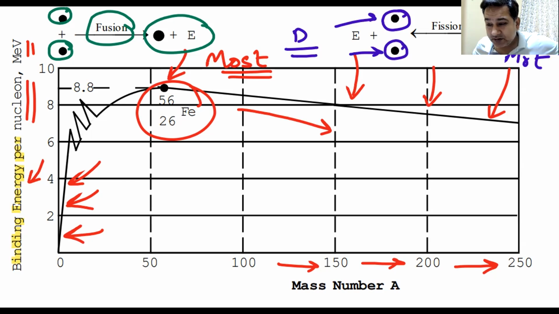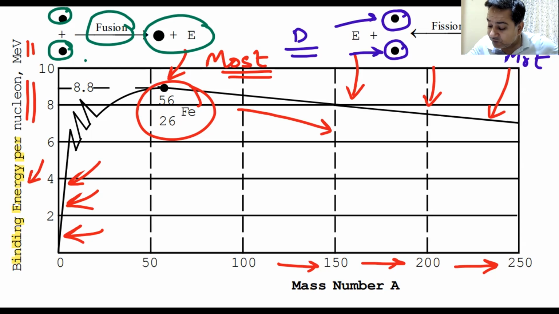On the left hand side, the green one, two smaller nuclei combine to get a bigger nucleus. This is not radioactive. The emissions are not harmful, and therefore this energy is much safer, much more environment friendly. Two hydrogen becoming helium, two helium becoming higher. This is very safe energy, but the problem is that it takes place at very high temperatures.